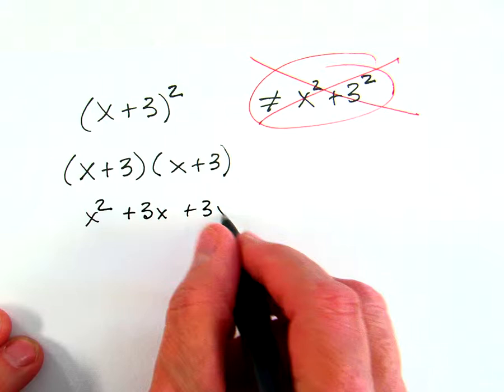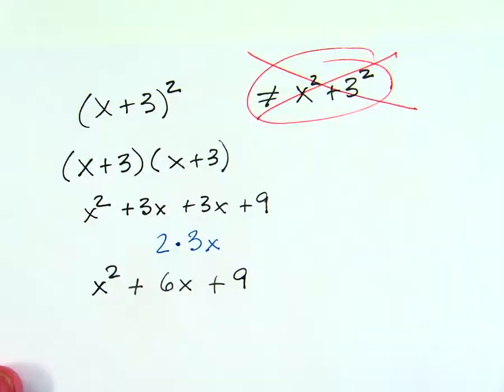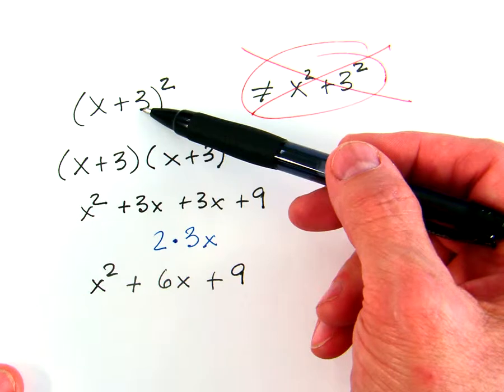Look at the similarities here. In our original perfect square, the first term in the parentheses was x. The first term in our expanded version is the first term squared, x squared. The last term, 9, is the last term in the parentheses squared. 3 squared is 9.